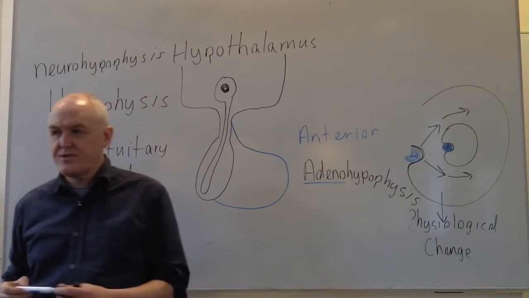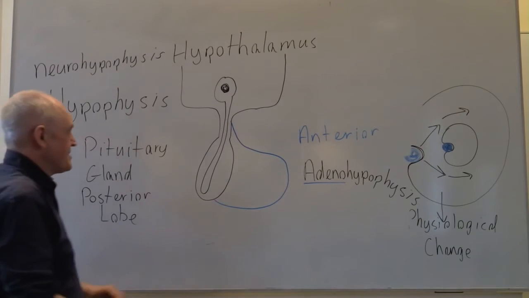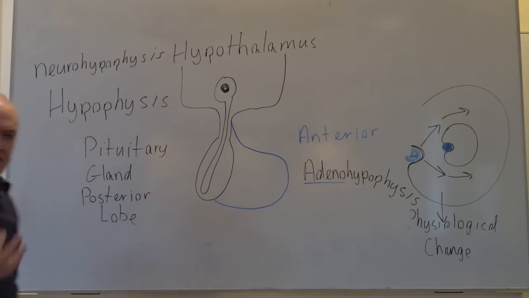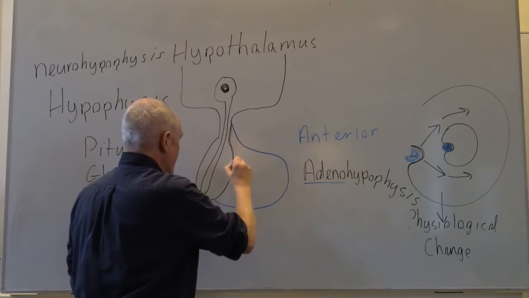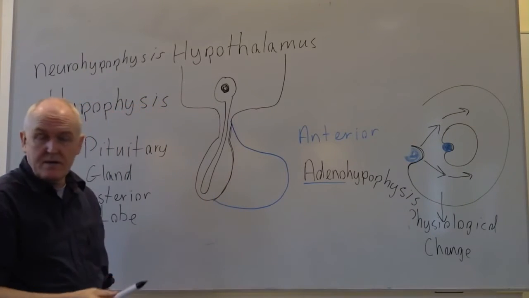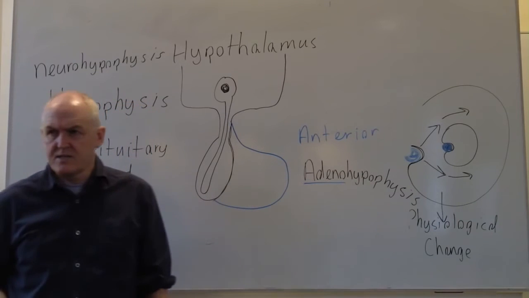So the anterior pituitary is made of completely different tissue. If you look at a section of the pituitary gland, there's a completely obvious histological border between the two lobes. This is one type of tissue, neurological tissue, and this is a completely different type of tissue. It is glandular tissue.